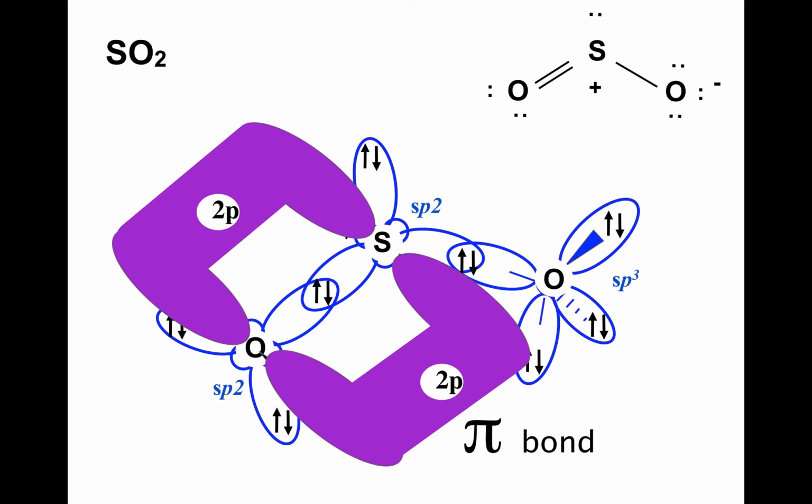It's 2 unhybridized p orbitals touching above and below a sigma bond. So when I look at a double bond, it's 1 part pi bond, this unhybridized p overlap, and 1 part sigma overlap. In this case, it's an sp2 sigma overlap. So that's what a double bond is: 1 part pi bond, 1 part sigma bond.